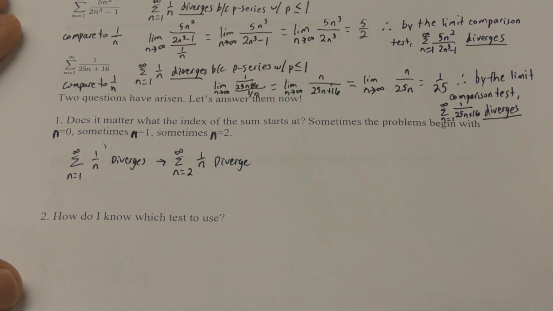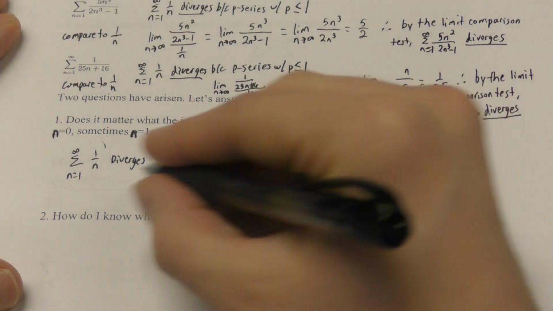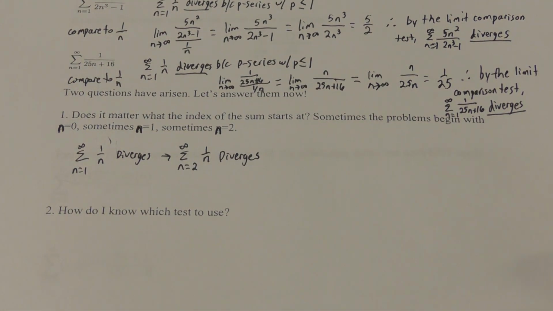Generally speaking, then, changing that beginning index doesn't particularly matter for the things we're looking at right now. If things come up, I will flag them for you. But as we are just getting into this whole idea of summation, just leave it like that. For now, it doesn't matter, especially because we're just dealing with n's or counting things being positive or 0. That doesn't impact anything of ours.